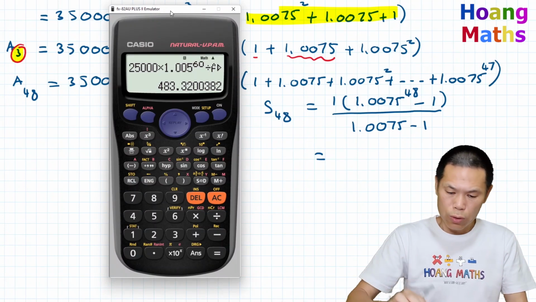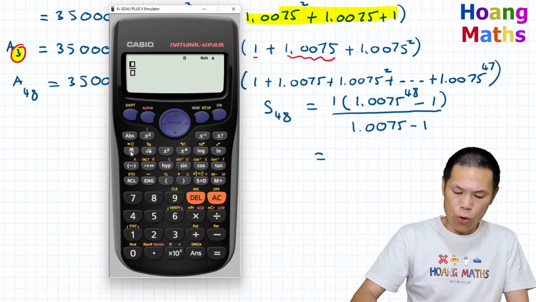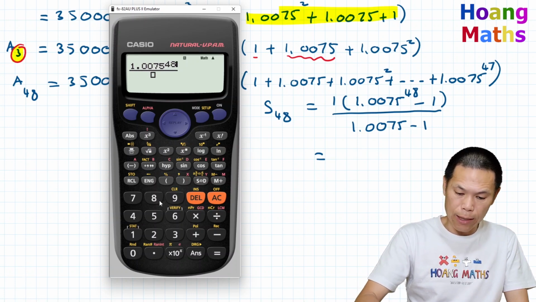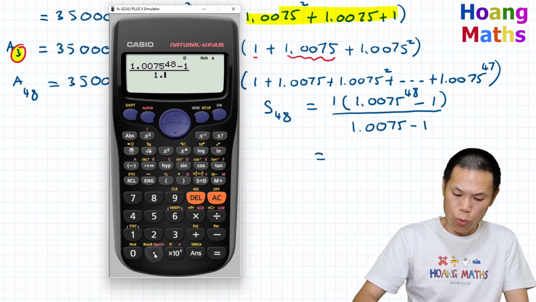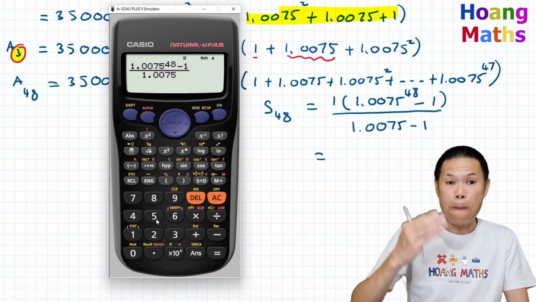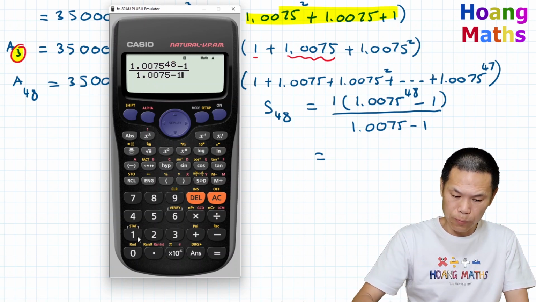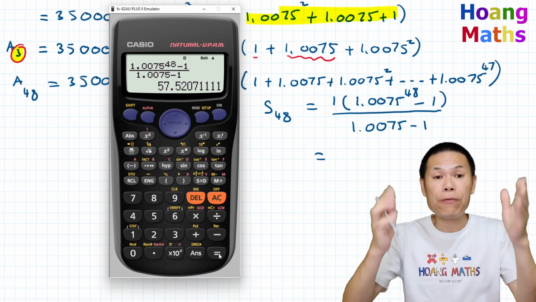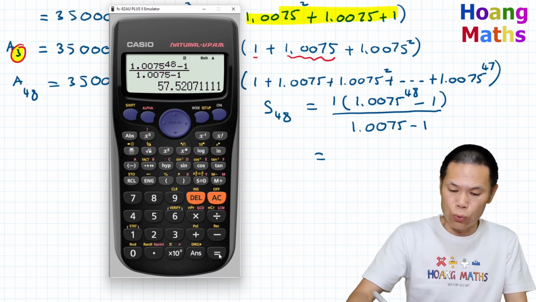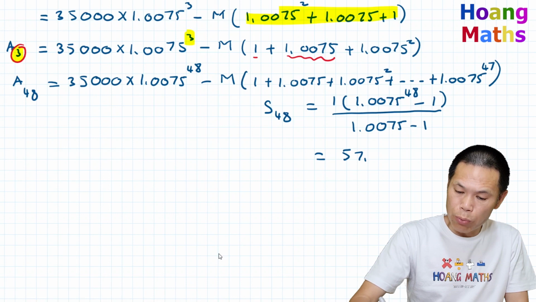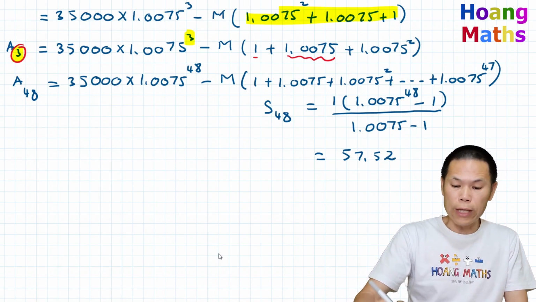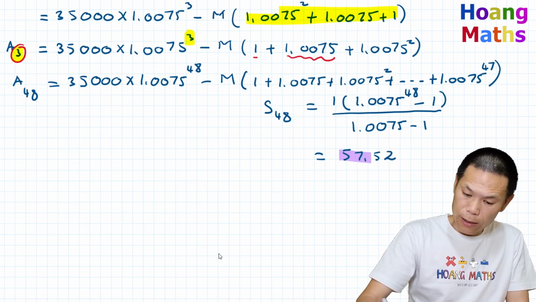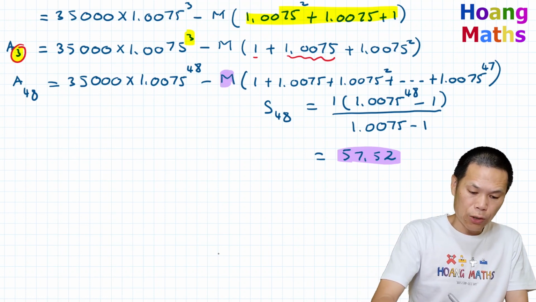So now I just put it on a calculator. I go fractions and I ignore the 1. So 1.0075 power of 48 and then we minus 1. And then we divide by 1.0075 minus 1. So there you go, 57.52. So that is this times M. Let me write this down.